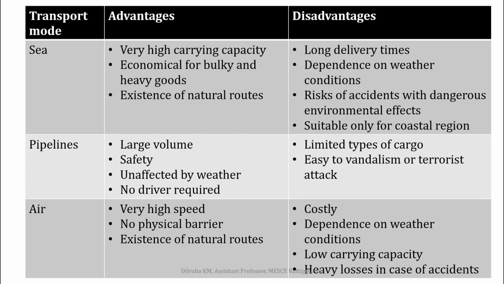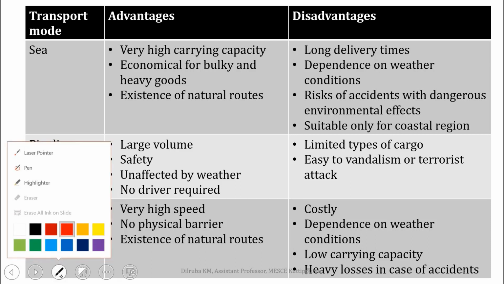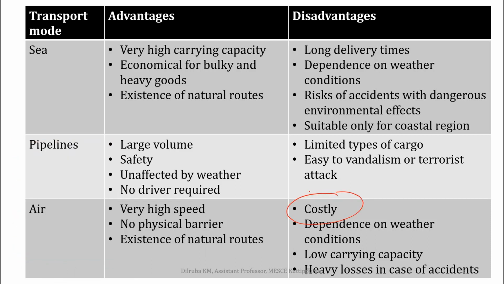But compared to all other modes, this one is the costliest, and it depends upon weather conditions like inland and sea waterways, and it has low carrying capacity compared to waterways and railways, and heavy losses in case of accident. If accidents occur, we may lose a lot of economy due to these accidents.